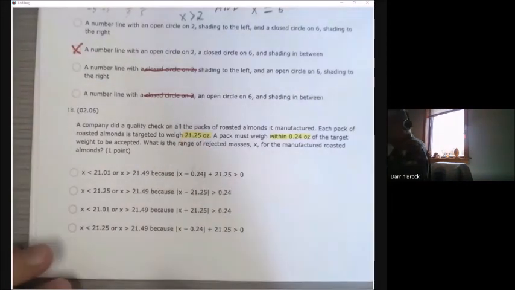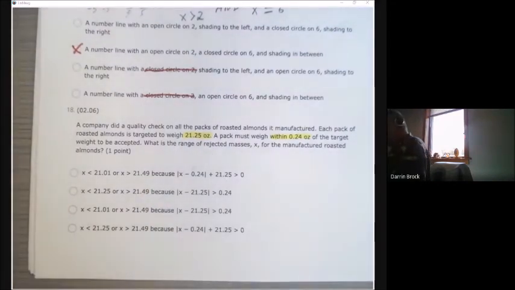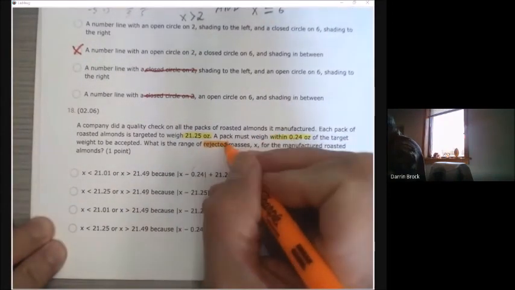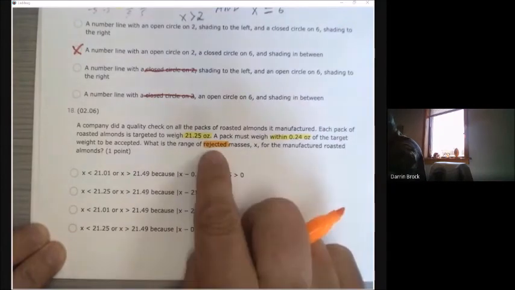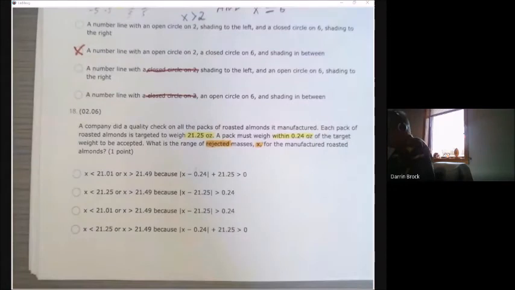All right. What is the range of, here's one of those key terms that mess us up when we're trying to do this, rejected. What is the range of rejected masses? They're calling that x for the manufactured roasted almonds.